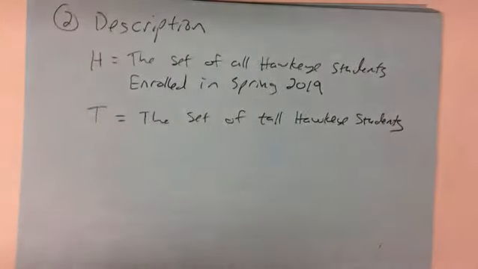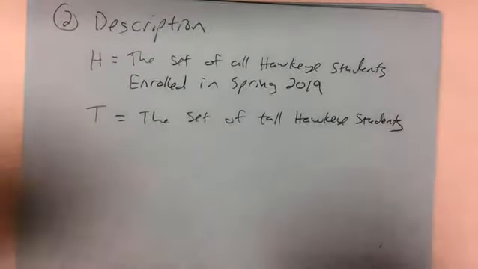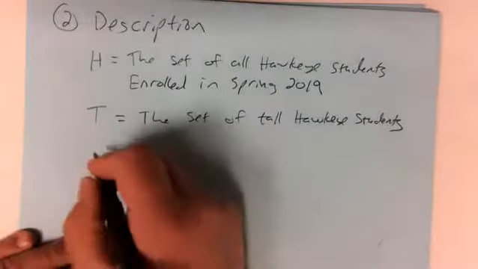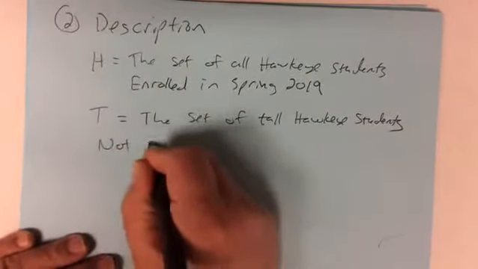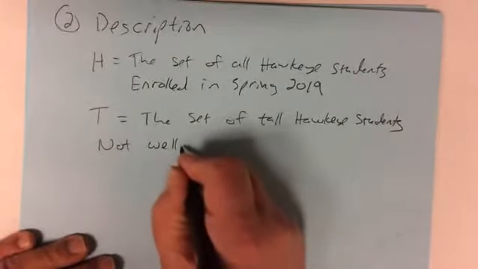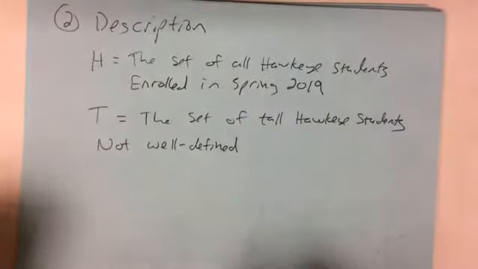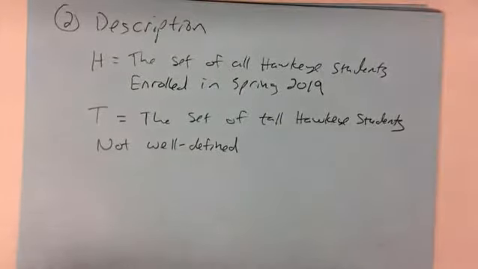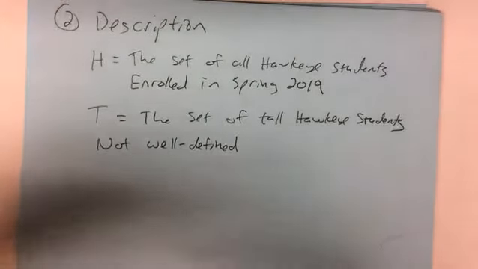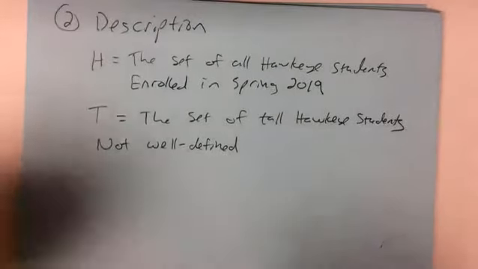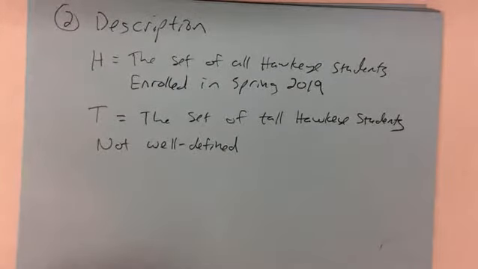Well, the problem with this is how do you know if a student is in the set or not? What we would say is that this set is not well defined. When you describe a set, the description has to be well defined in that it has to give an objective criteria for deciding whether or not an object is in the set.